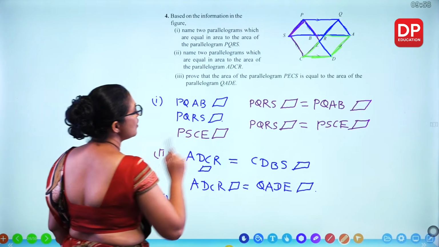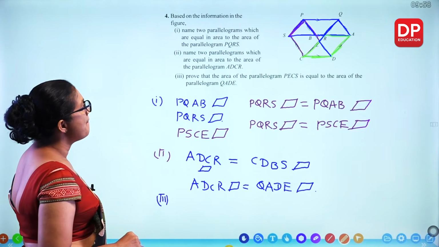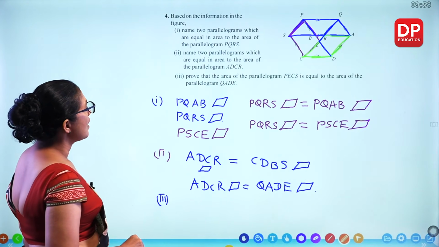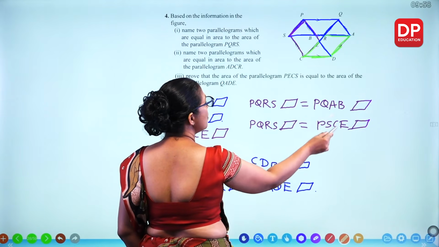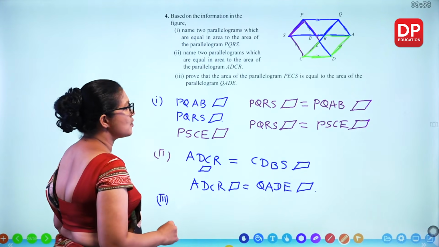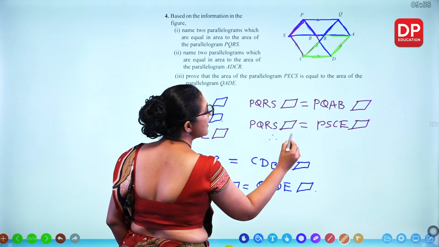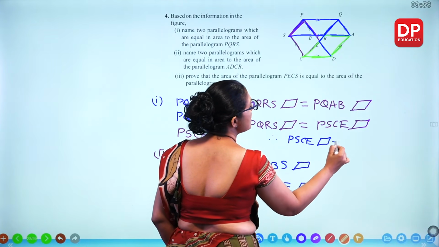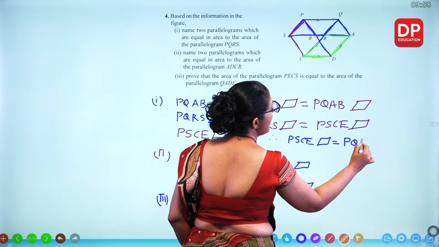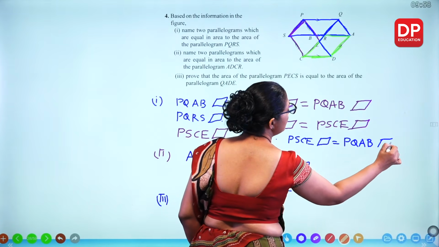QADE is equal to CDBS. And this is equal to this one. So from the first part we can say PSCE parallelogram is equal to PQAB parallelogram.